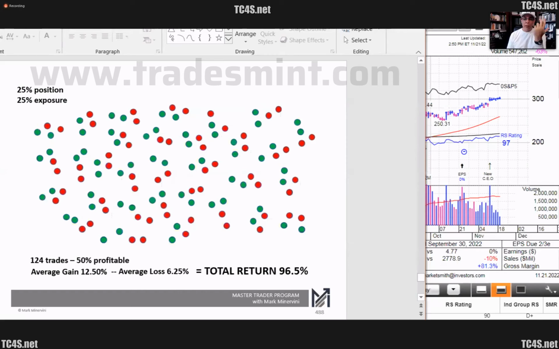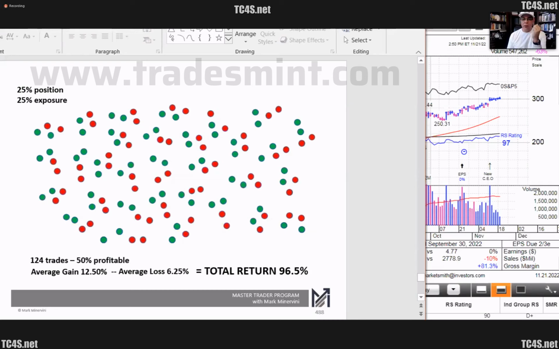You would take 124 trades divided by 2, which would be 62 trades. Half of your trades are profitable, half are losses. Compound 12.5% 62 times, and compound a 6.25% loss 62 times. You can do it in any order. It doesn't matter if you did it gain, loss, or all the gains and all the losses. You're going to compound to 96.5%.